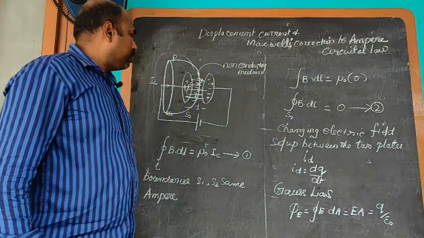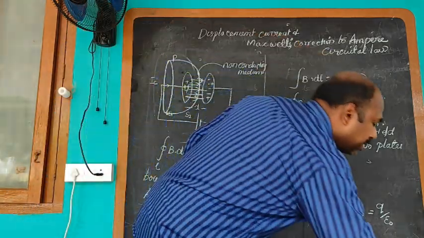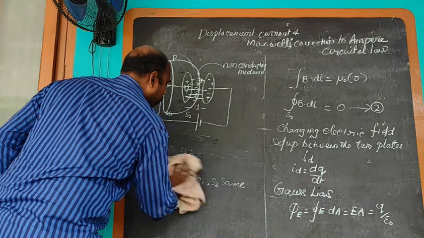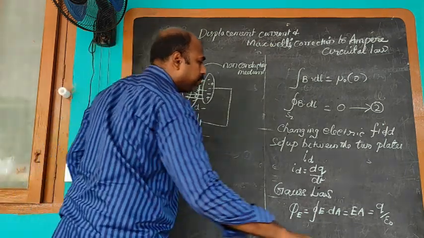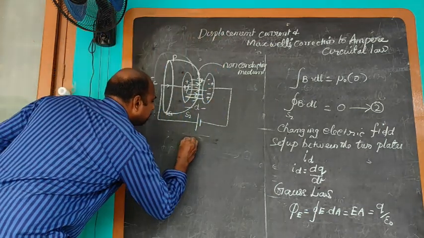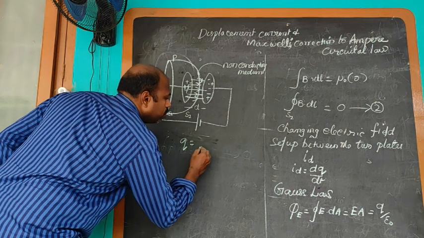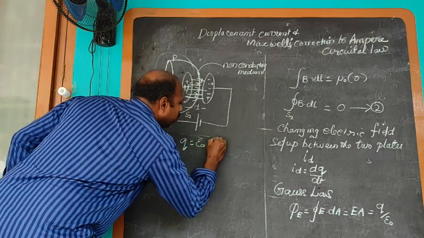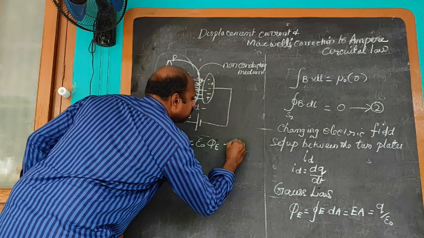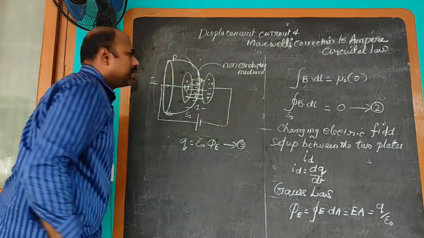From here we can easily find the charge Q. Q is equal to epsilon 0 into phi E. Take this as equation 3.